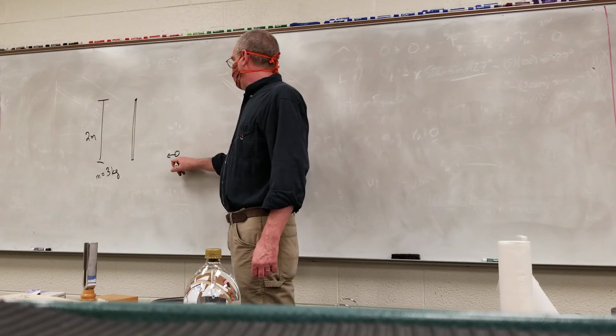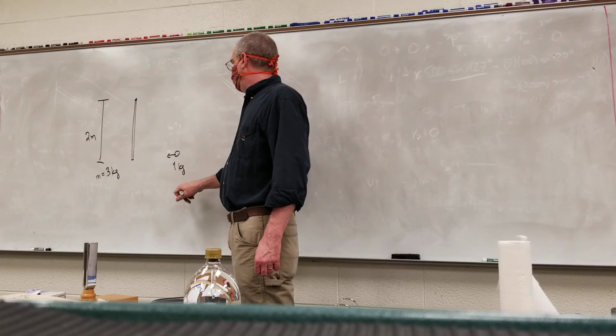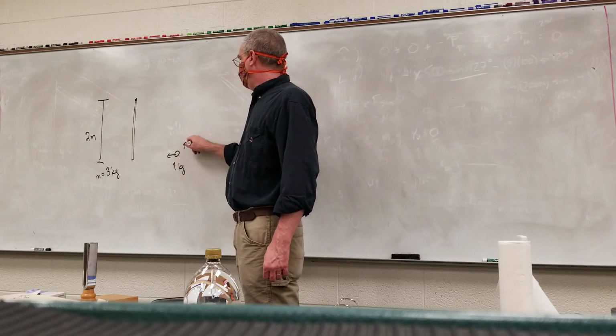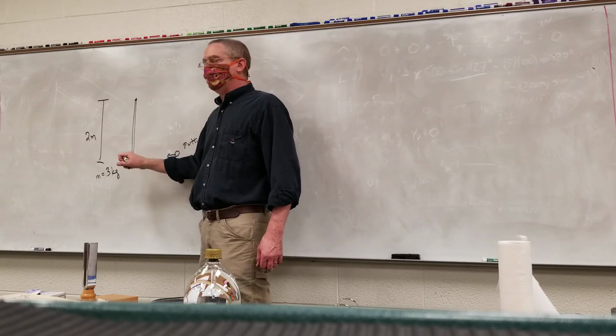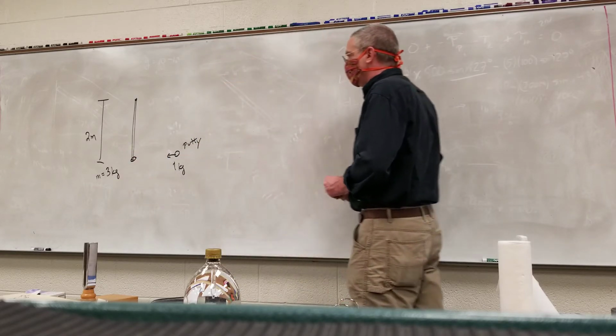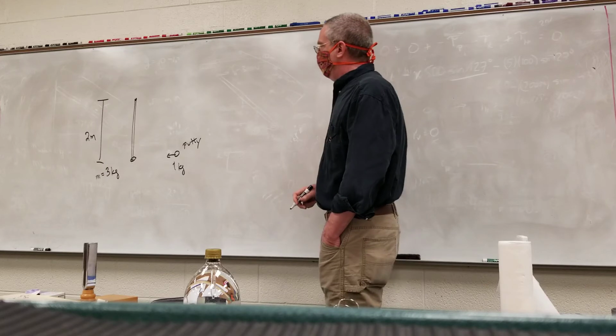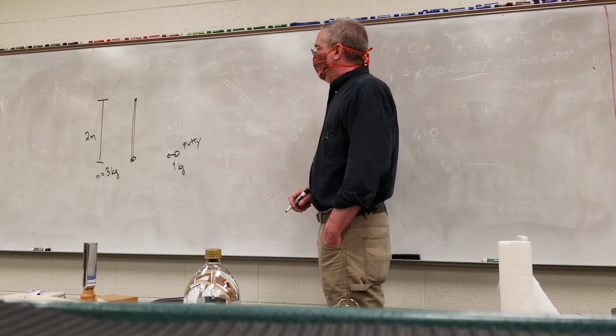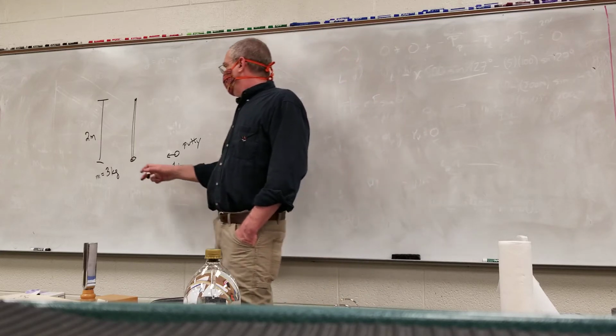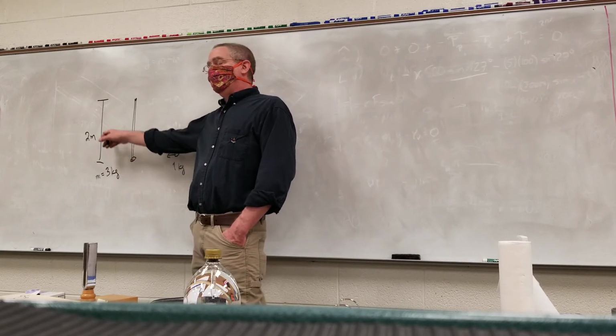I'm shooting at it a ball of 1 kilogram putty. The putty's going to hit the bottom right here and it's going to stick to it. The question is, how high up will this thing rise?